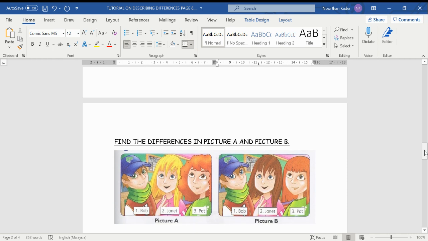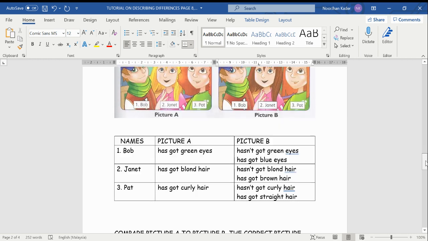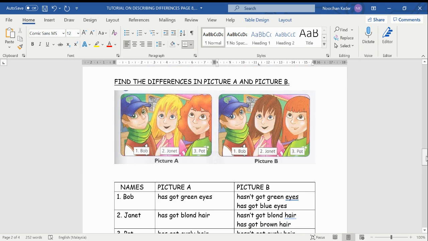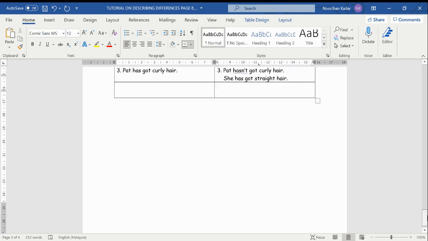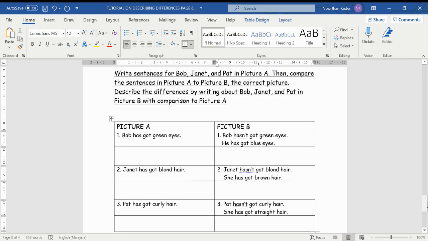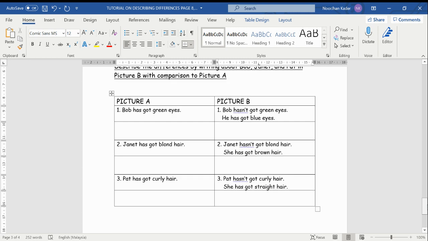And the third one, we started comparing the two pictures, spotting the differences and describing them by writing the phrases. Then we did a checklist. Then at last we wrote the sentences.